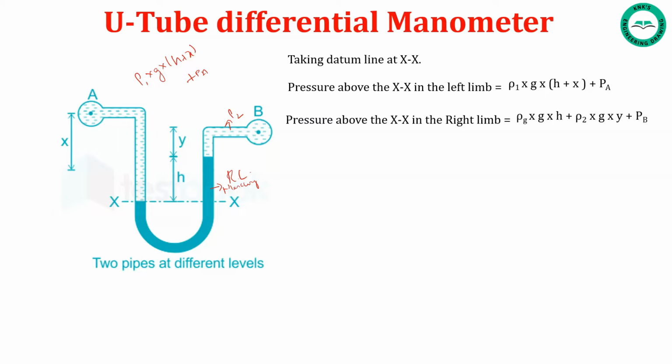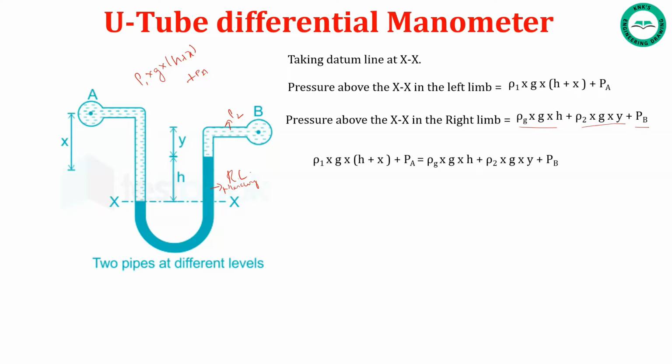So that is rho G into H for mercury and rho 2 G into Y for different liquid, plus pressure point. By equating the pressures, we can write the equation, that is rho 1 G (H plus X) plus PA equals rho G G H plus rho 2 G Y plus PB.